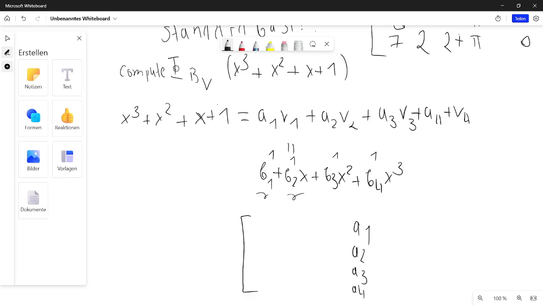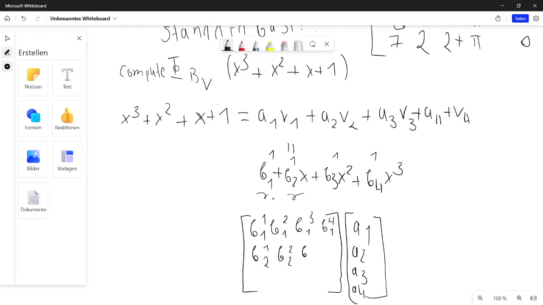Here you have your matrix that arises, and you will have B1,1, B1,2, B1,3, B1,4. Here you will have B2,1, B2,2, B2,3, B2,4.